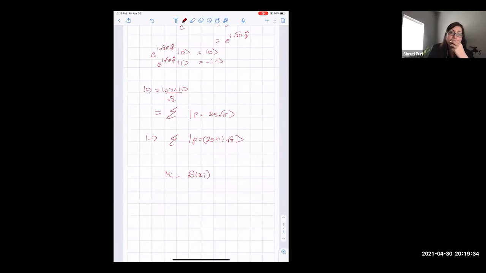Well, it turns out that displacements form a complete basis. So any error you can basically write as a superposition of displacement errors. So yes, I can write single photon loss as displacement errors. I can write 2 photon loss as displacement errors.